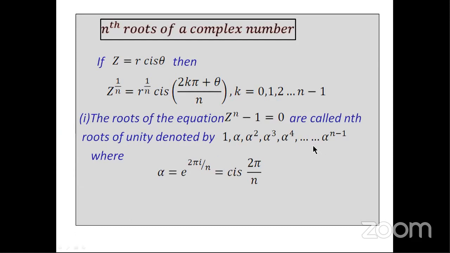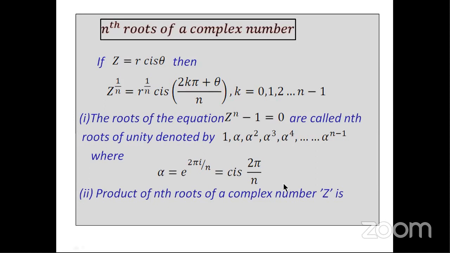Next, the product of nth roots of a complex number. Suppose n is 3. Now, how many nth roots will you get for that complex number? You will get 3. The product of those 3 roots of the given complex number will be given by the formula (-1) whole power n minus 1 into z.